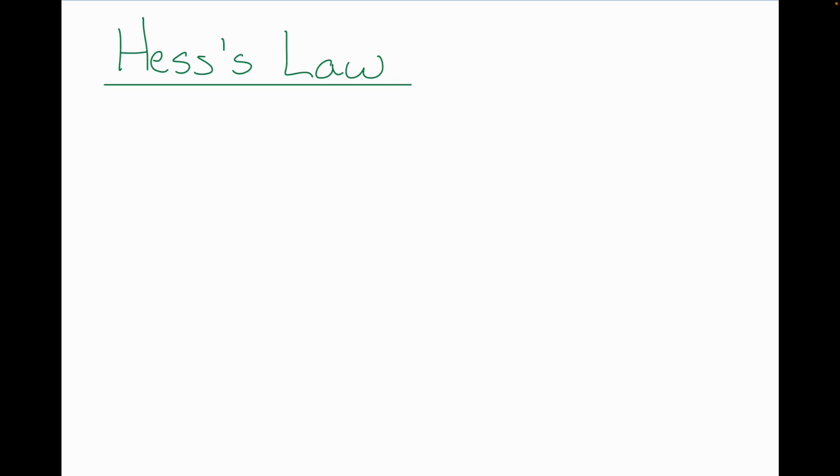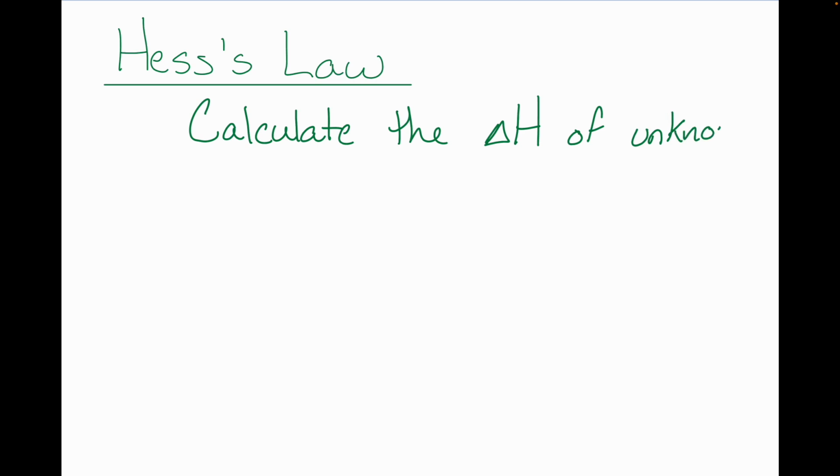Right? Hess's law tells us that we can calculate the delta H of an unknown reaction by combining known reactions.